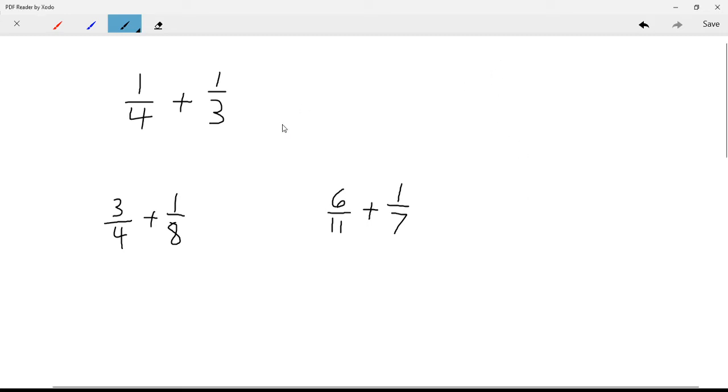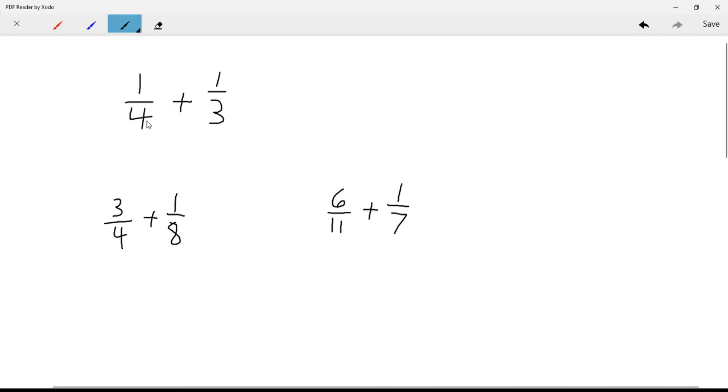Today we are going to go over adding fractions, specifically fractions with unlike denominators. So the first step in adding fractions with unlike denominators is finding a common denominator so that you can add these, I guess you could say, apples to apples, right?